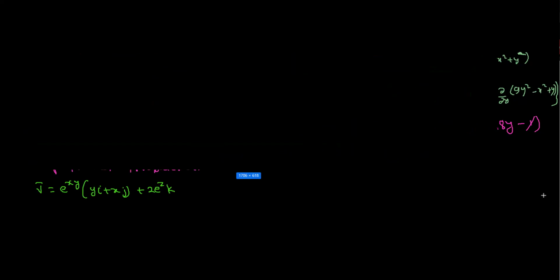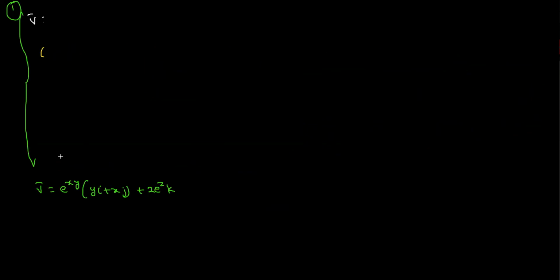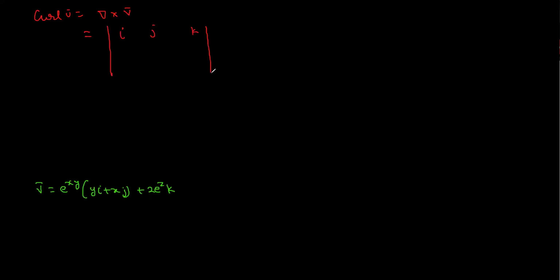So I delete this part. Find the curl of next vector v. Curl means cross product of vector v. Cross product is nothing but a determinant of curl. Okay. So dou by dou x, dou by dou y, dou by dou z.